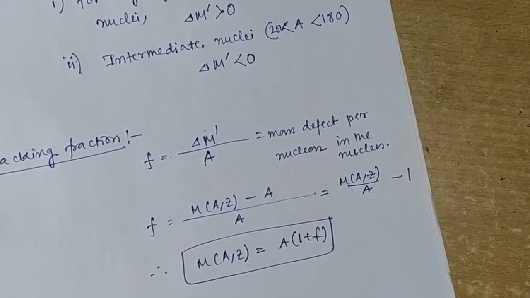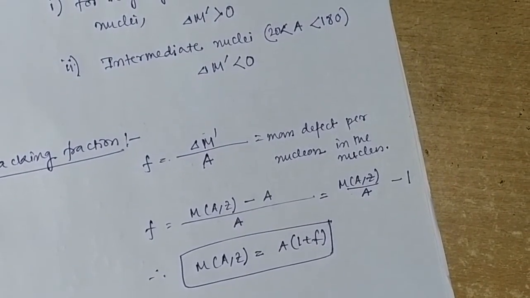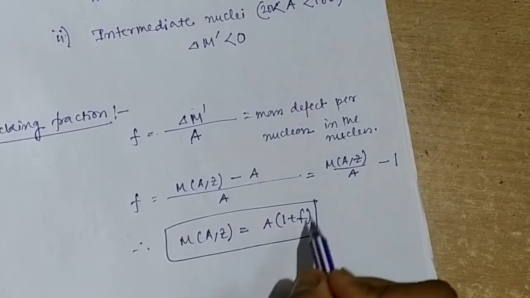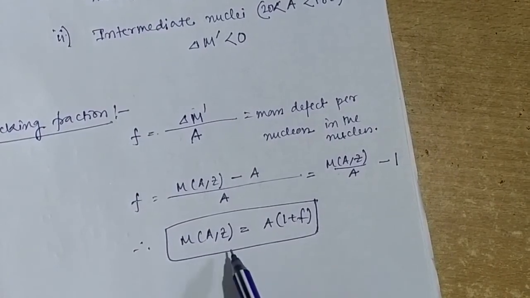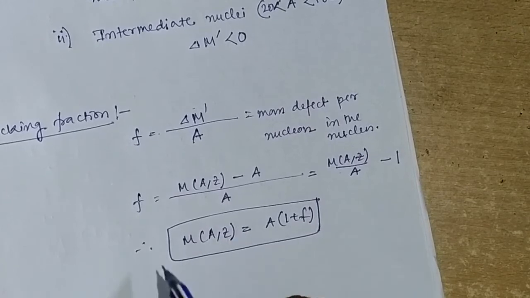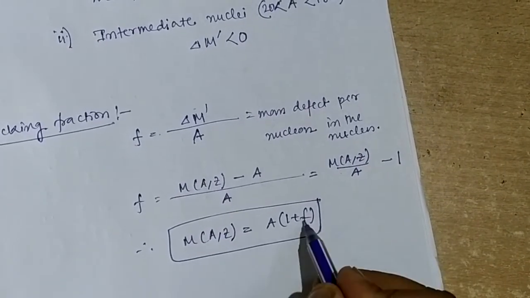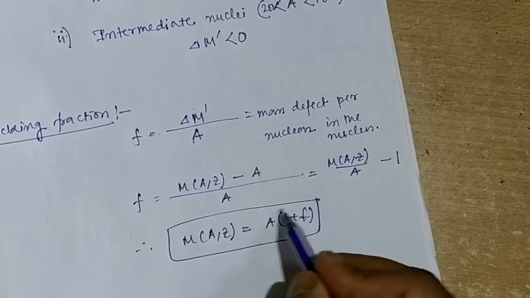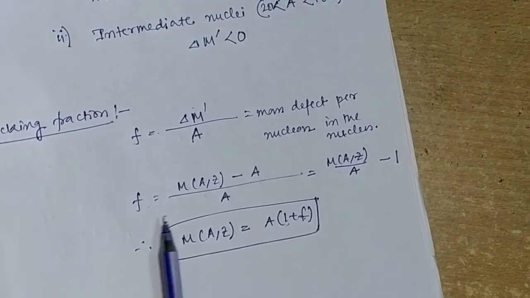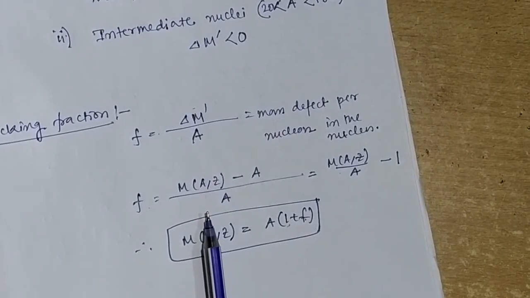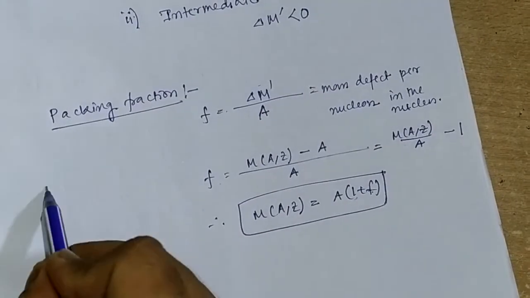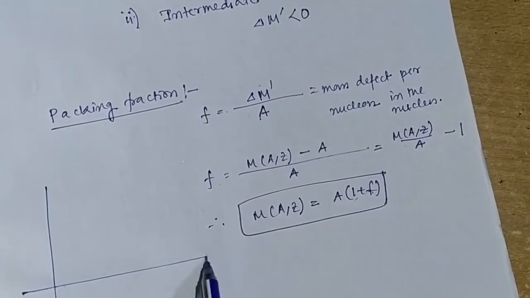Fine. Now it is found that the packing fraction varies in a symmetric manner with the mass number, and the variation of packing fraction with mass number is graphically shown in a figure, and that figure is this.